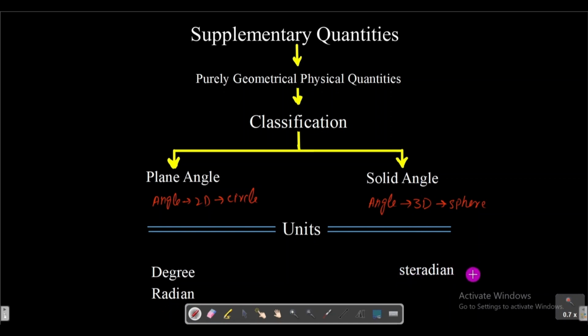This one is 3D and these two are 2D, meaning that they are concerned with the circle, and this 3D is concerned with the sphere. We will discuss the circle, degree, radian and steradian in the form of simulations.